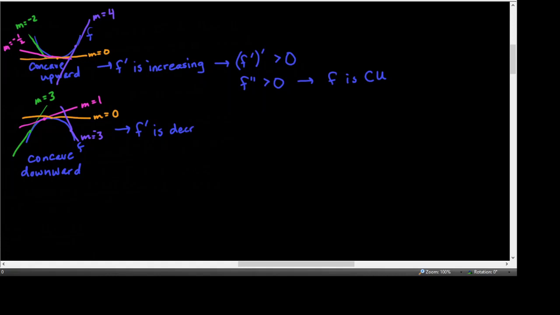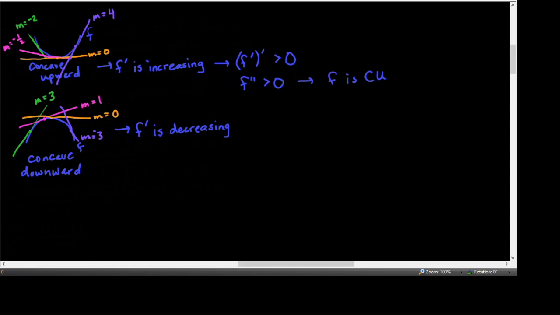And so if you look at the item I was reading a second ago, the definition of concavity, where I said concave upward on the interval when f prime is increasing on the interval, and concave downward on the interval when f prime is decreasing.